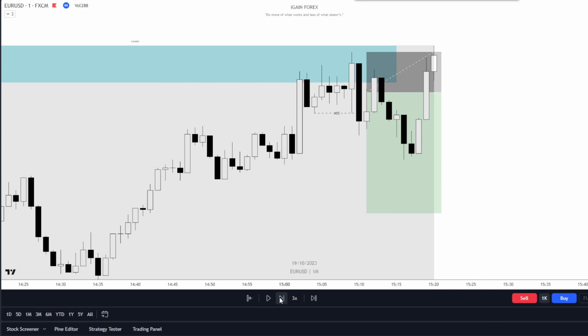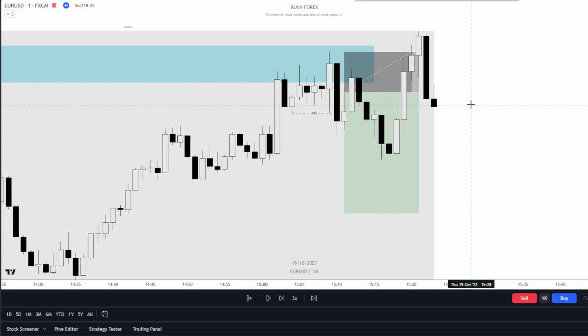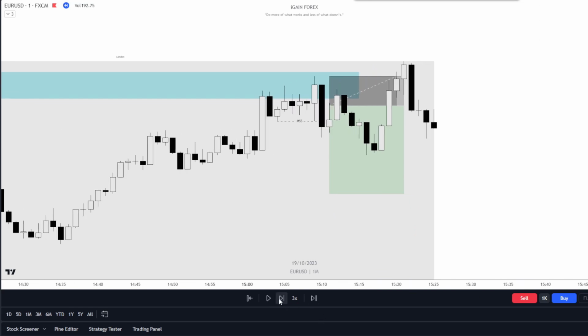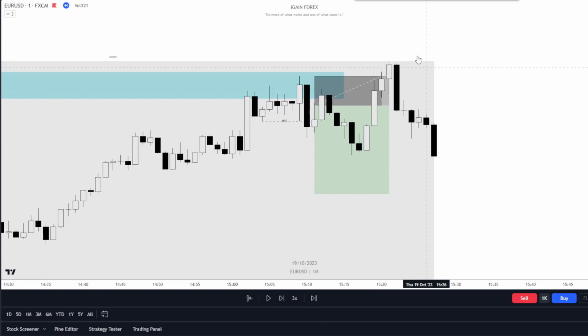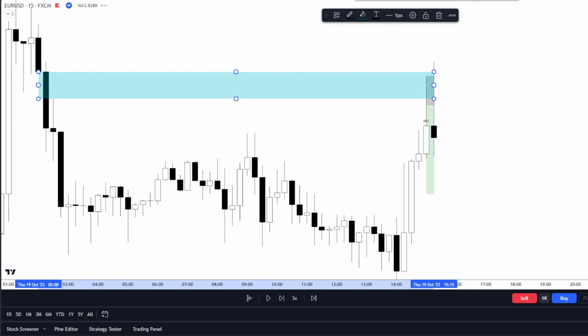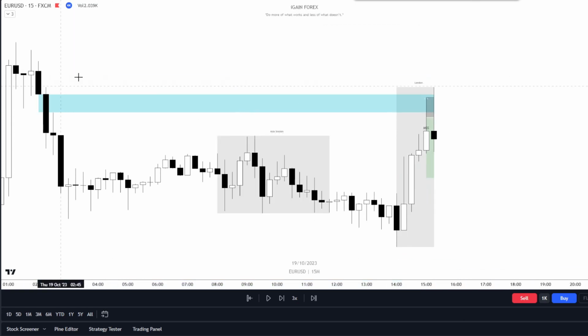Okay, so let's look for another example here. There we go, guys. We have this internal market structure shift. Okay, so what is the reason that we have a rejection in this area? So let's go back to the 15-minute time frame. Here we can see we have a supply in this area.